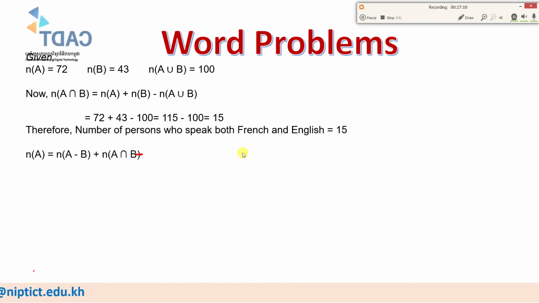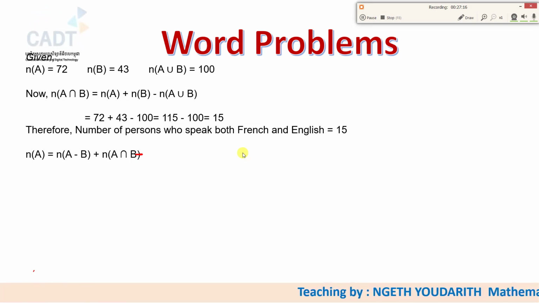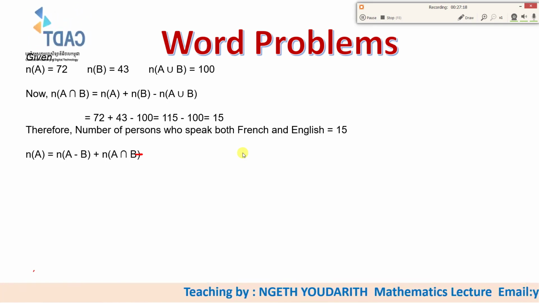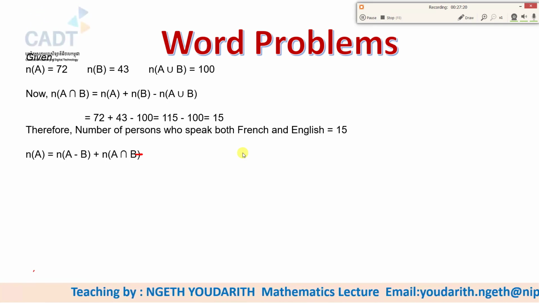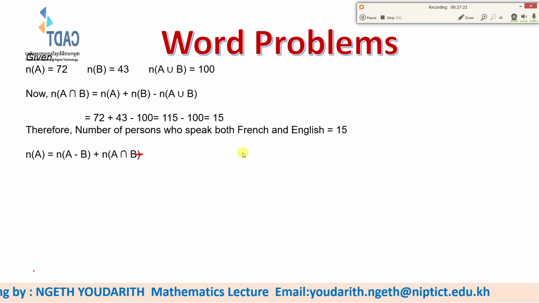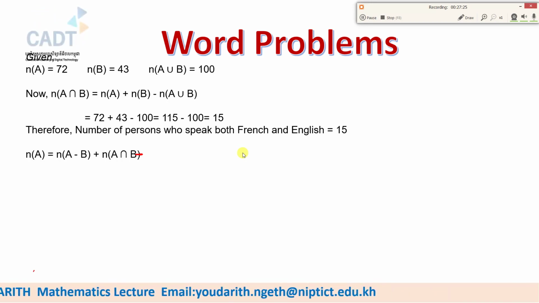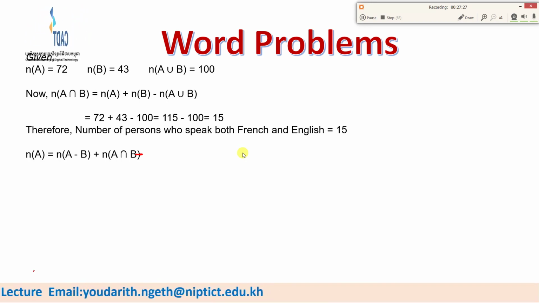And this one is N(A). We talk about N(A). N(A) means N(A minus B) plus N(A intersection B). But this is our cardinality.